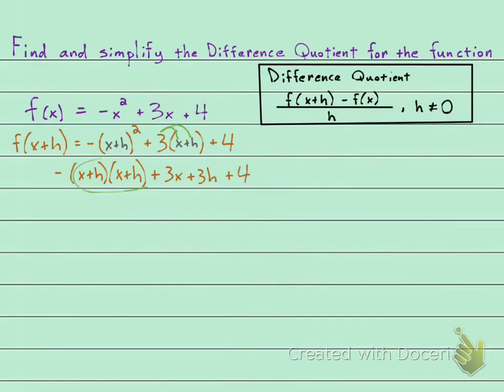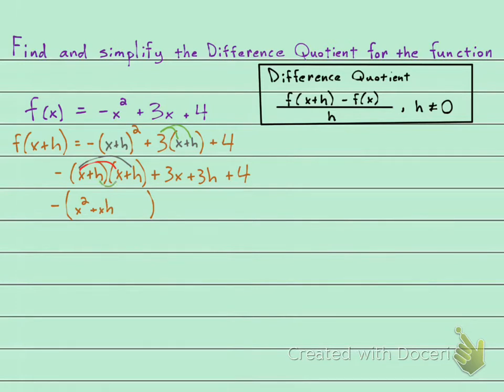Now we need to FOIL this part right here, so let's go ahead and do it. Drop down my minus. I'm going to put my first 2, outer 2, inner 2, and last 2 inside the parentheses. First 2, x times x, x squared. Outer 2, x times h, xh.